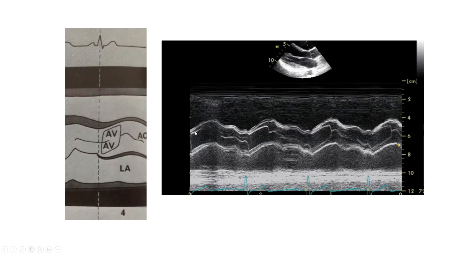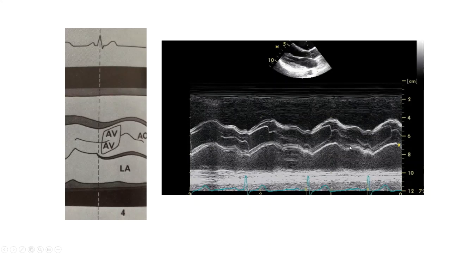In general, you are seeing the right coronary cusp here and the non-coronary cusp here on the posterior side. And notice this nice parallelogram begins here and ends here. And in general, the closure point of the aortic valve is in the middle of the aorta.